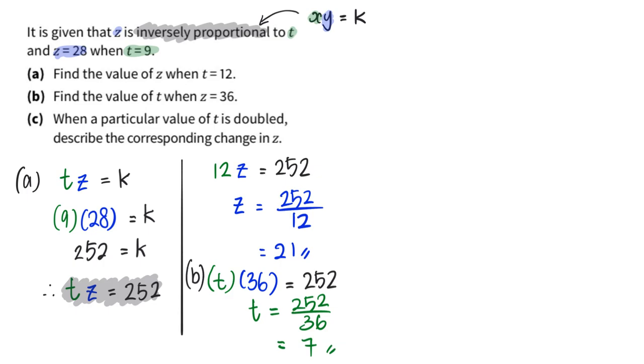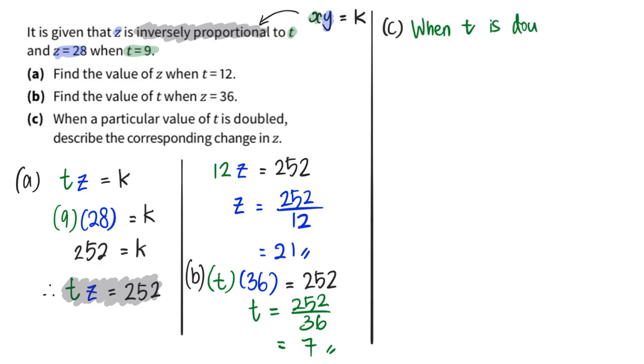And now let's move on to part C. When a particular value of T is doubled. This is important. That means when T is doubled, we will have 2 times T, right?